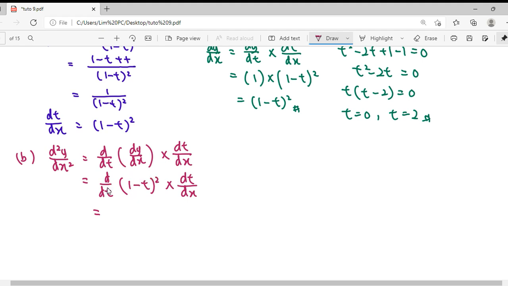Power moves to the front. Power minus 1. Inside the bracket, differentiate, we get negative 1. Then times dt dx. dt dx is this, 1 minus t squared. So in total, it will be negative 2 over 1 minus t cubed.